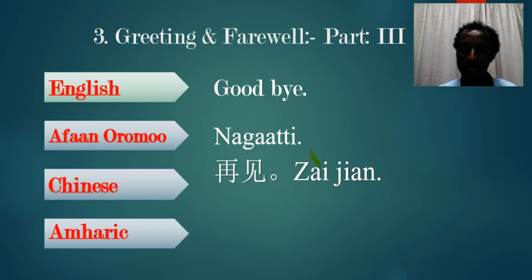The tone goes on the main vowel, and here also on the main vowel, which is a. 再见 both contain the fourth tone, and they are stronger than the others. 再见 means see you again, just the same thing as goodbye.